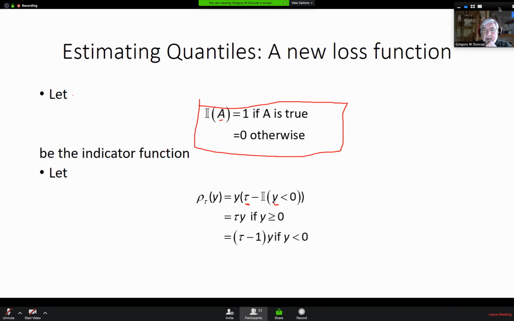If y is less than 0, the statement y is less than 0 is true, so the indicator of y less than 0 is 1. And so it's tau minus 1 times y if that's the case. So this is just a function for now. It turns out it's called the check function. I'll write it down here.